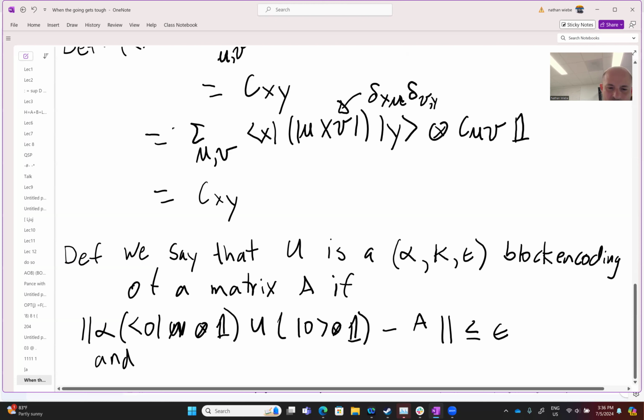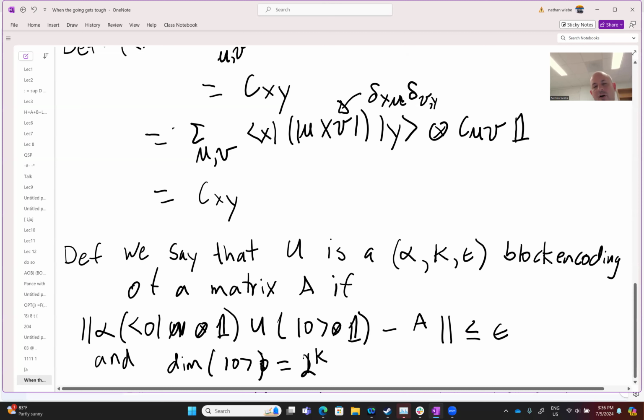and the dimension of |0⟩ here is equal to 2 to the k.